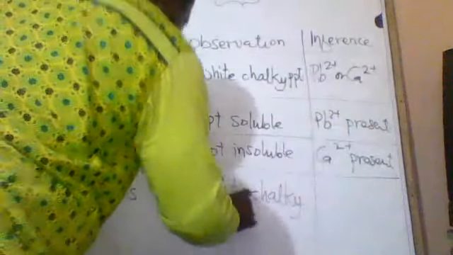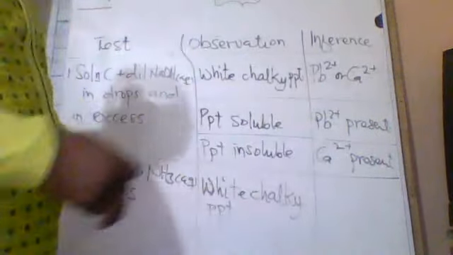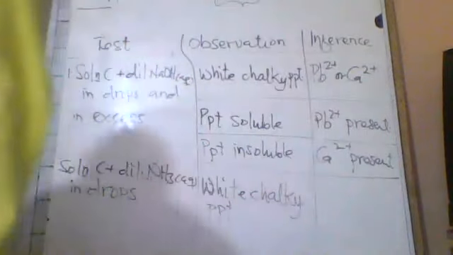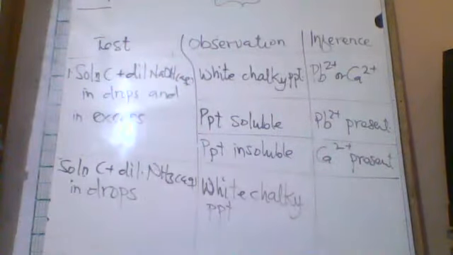And please, ammonia is not able to precipitate calcium. Ammonia is too weak to precipitate calcium. So when you are using the ammonia and you are getting the white PPT, then it is lead which is there.